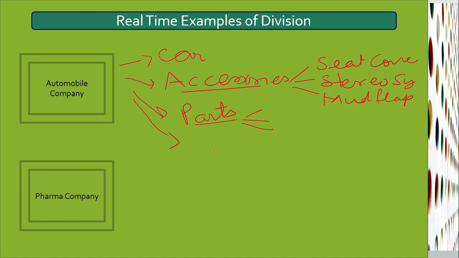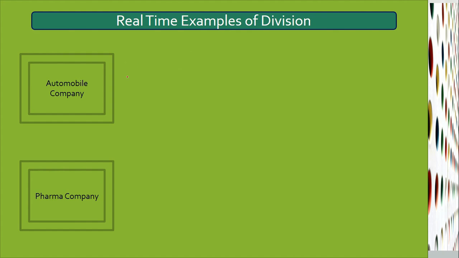Now the company gives services for the car, so services are another division of the automobile company. So in automobile companies you mainly get cars as a division, accessories as a division, parts as a division, and services as a division. Under each division there are multiple products. I hope you have understood what a division is in the automobile industry.